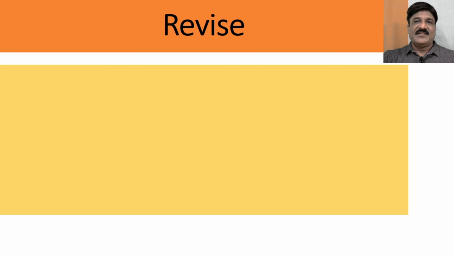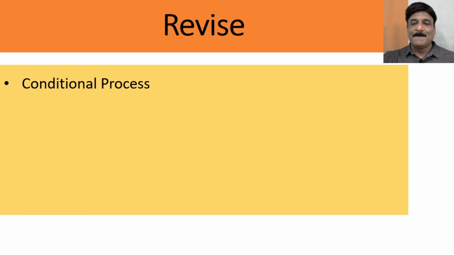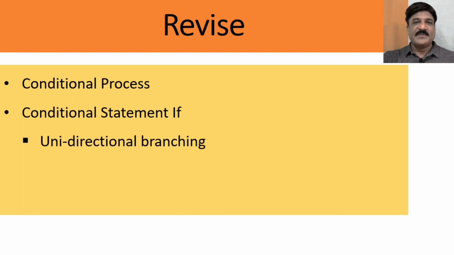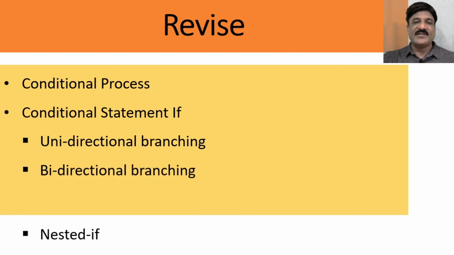So let us revise what we have learned in today's session. We have seen what is conditional process. Okay, then we have seen how to construct a statement using the if. Then we have seen some of the unidirectional branching statement related problem, then bidirectional related branching problem, and finally nested if. We have also seen the logical operators that were and, or, not, and relational operators.